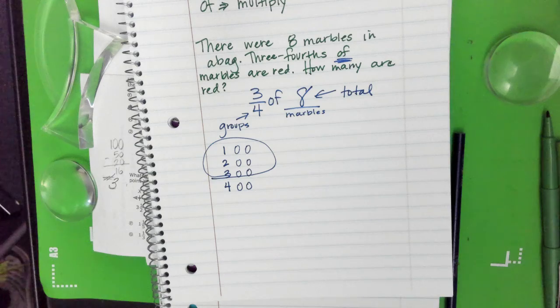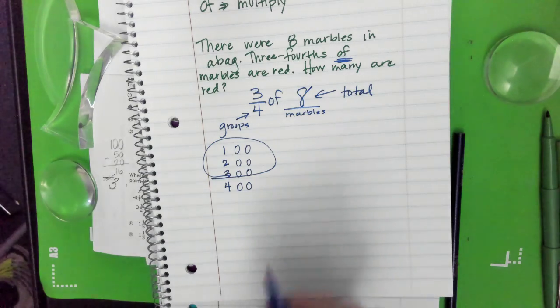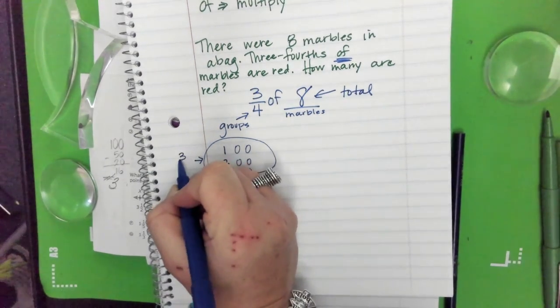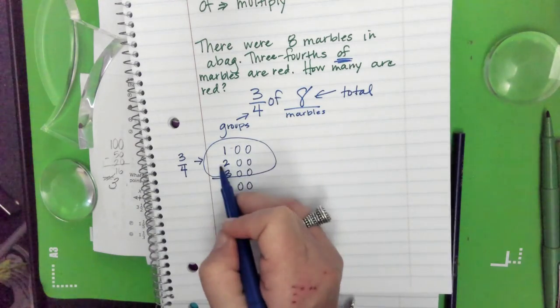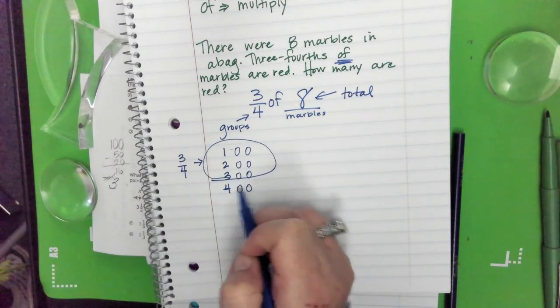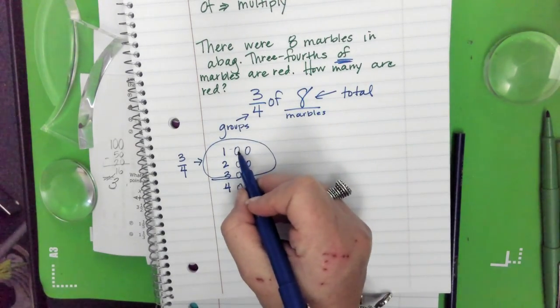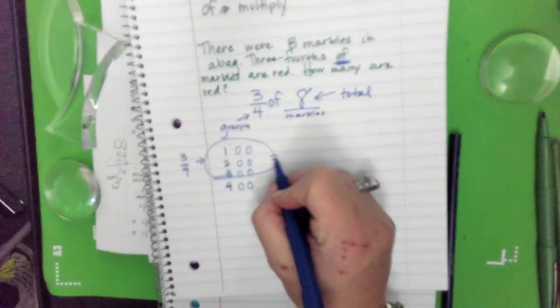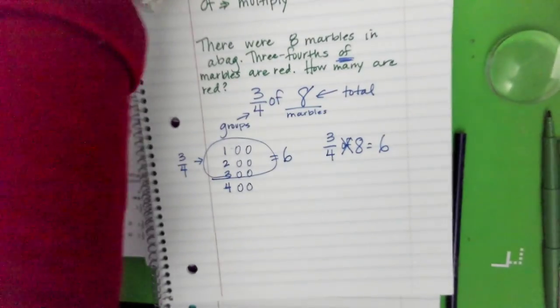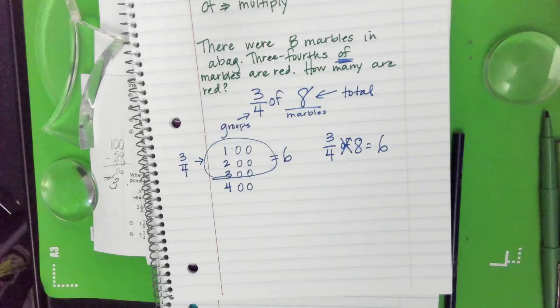So within those 3 out of 4, because this right here is 3/4, there's 1/4, 2/4, 3/4, there's 4/4. How many do I have in my 3/4, ladies and gentlemen? 6. So my true answer is 3/4 of 8, or multiplied by 8, is 6. So how many marbles are red? 6 marbles.